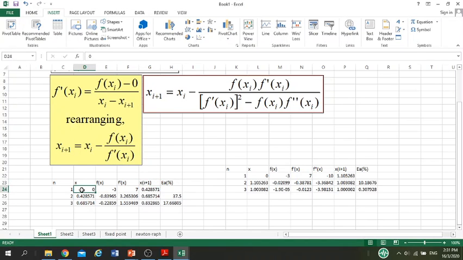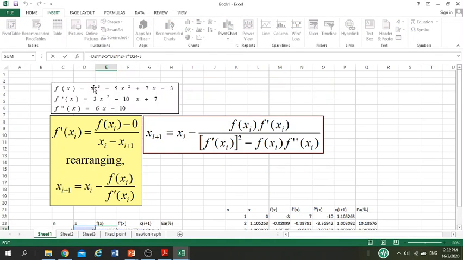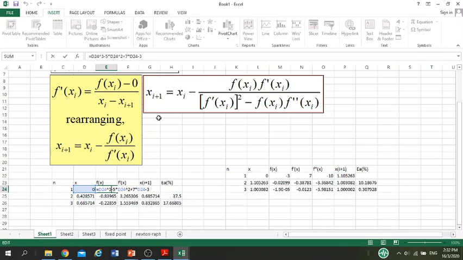Let us start with the first iteration. We start with the value of 0 here, and then evaluate the function: x to the power of 3 minus 5x squared plus 7x minus 3.